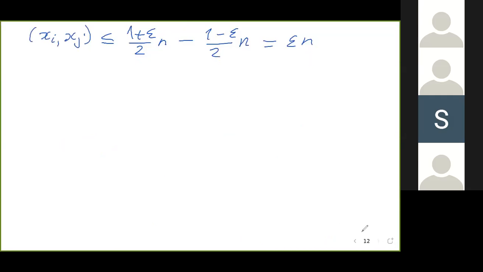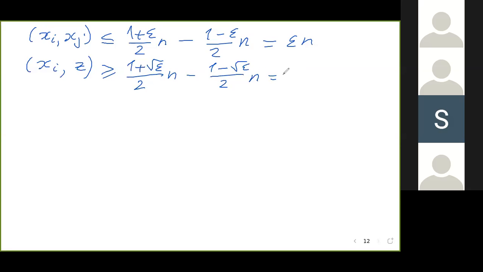So this means that xi z is at least the number of coincidences, which is (1 plus square root of epsilon) over 2 times n, minus the number of differences, which is at most (1 minus square root of epsilon) over 2 times n, which is square root of epsilon times n. The same applies for z xj, also at least n times square root of epsilon. And finally, zz is n.